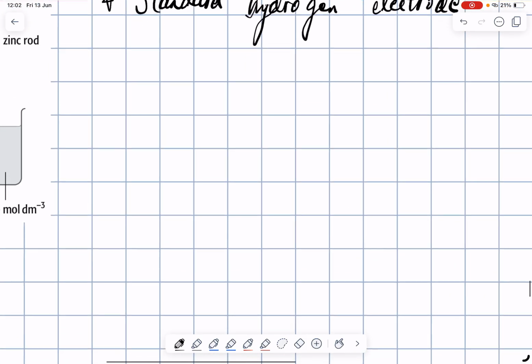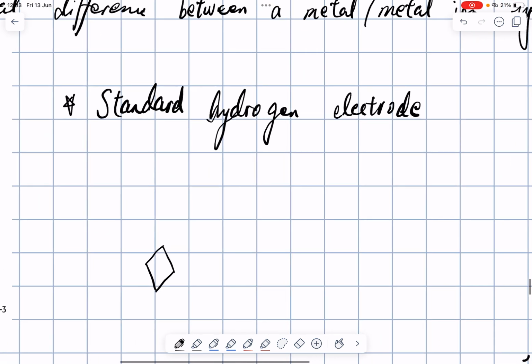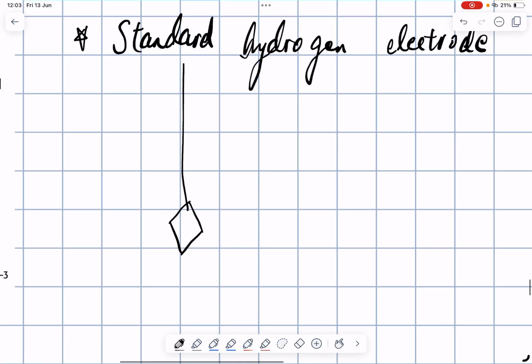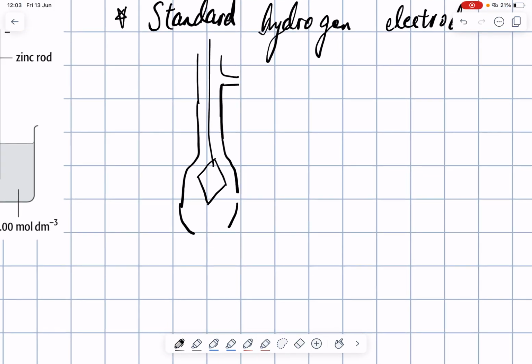Its apparatus looks like this. I'll try to draw this. And we have a beaker for that.